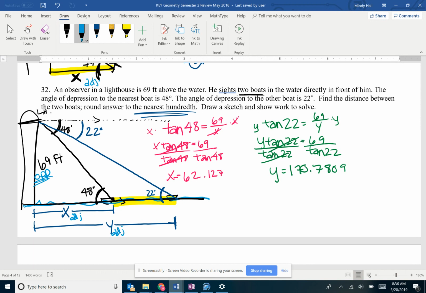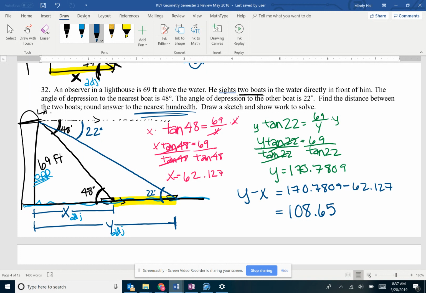But now that I have the full length, now I can do y minus x, which is 170.7809 minus 62.127. So that minus 62.127 gives us 108.65.